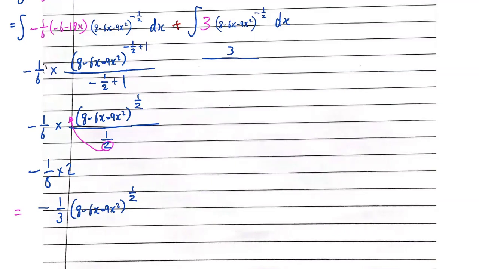That's when you need to realize that this one is actually a standard integral. Here, if I rewrite my -1/2 as a positive square root, but at the denominator, I'll get 3 over square root of 8 minus 6x minus 9x squared. When you see an integral of this format, where you have a fraction and the denominator is the square root of a quadratic expression, you must look back at your formula list, your MF26.